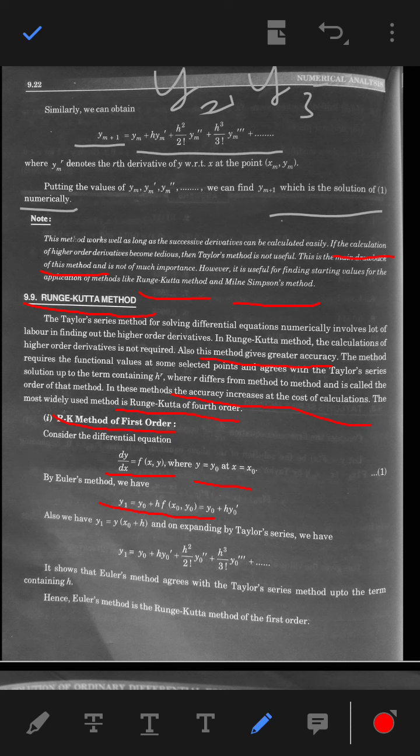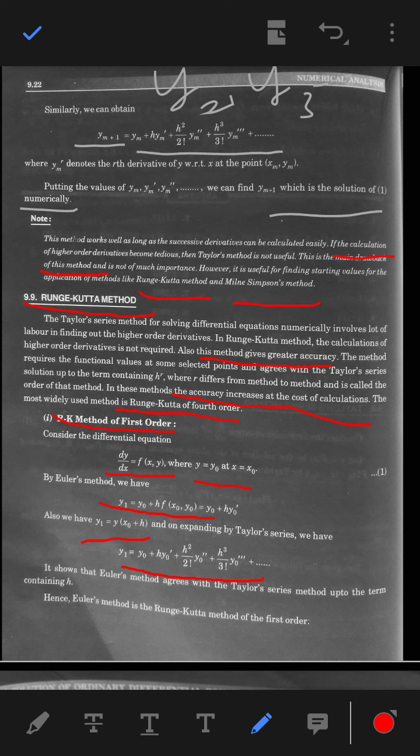And again we expand this, that is y of x0 plus h, by Taylor series. So we see that y1 will be equal to y0 plus h into y0 dash plus h square by factorial 2 y0 double dash plus h cube by factorial 3 y0 triple dash plus so on. So here we can see that Euler's method agrees with the Taylor series method up to the term containing h.